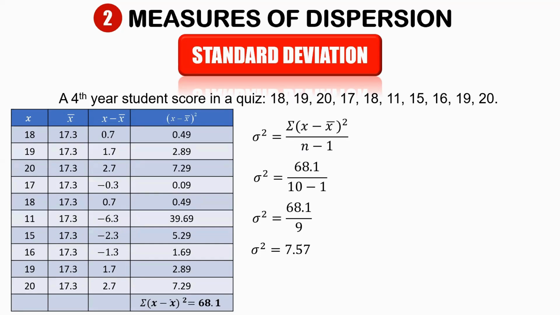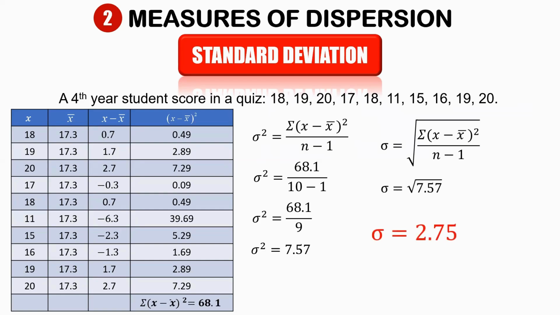As you can see, the formula for the standard deviation is the same as for our sample variance, except you just take the square root of your sample variance, and you will get your sample standard deviation. So our sample variance is equal to 7.57. Take the square root of that, that is equal to 2.75. So therefore, the standard deviation of this given ungrouped data is equal to 2.75. So that is for the ungrouped data.